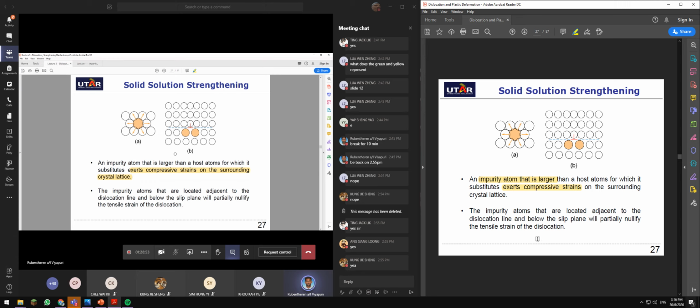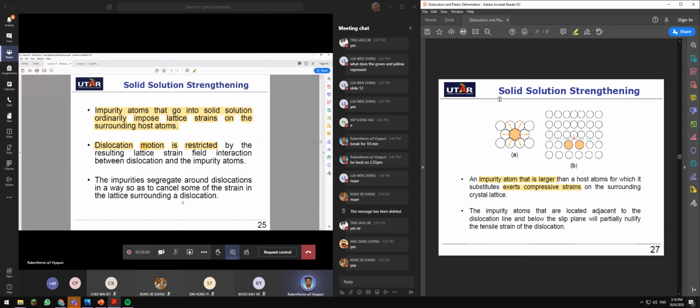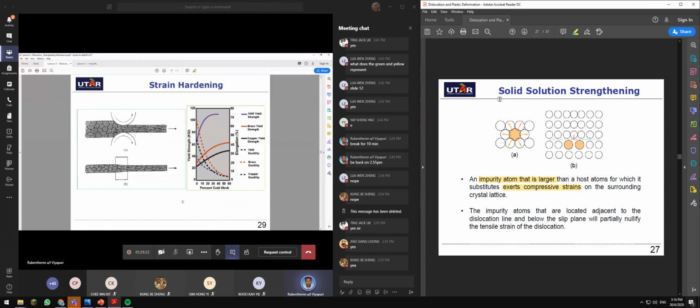So when you have a dislocation over here, the impurity atoms that are located adjacent to the dislocation line and below the slip plane will partially nullify the tensile strain of the dislocation.